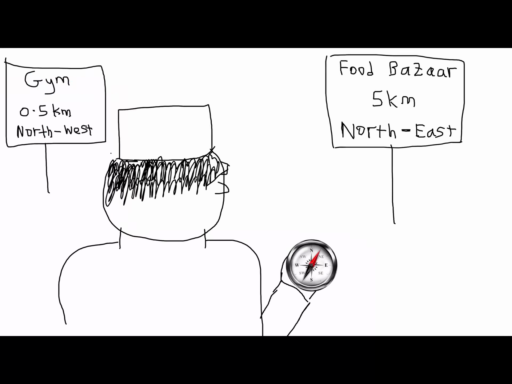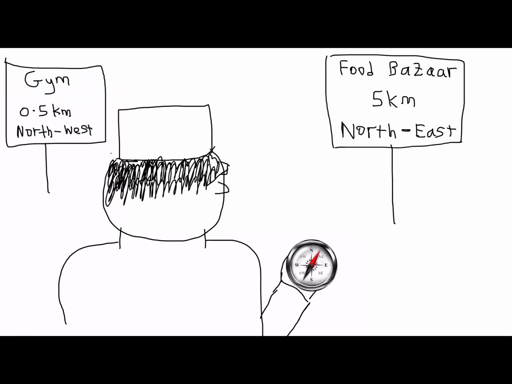Okay, one example is the following. This man, he can go to a bazaar somewhere on his right, or to a gym somewhere on his left. So this somewhere right, somewhere left, we call it bearing. Okay, but bearing is an angle. So later you are going to learn how to draw and define them. But notice, he's holding on to a compass.